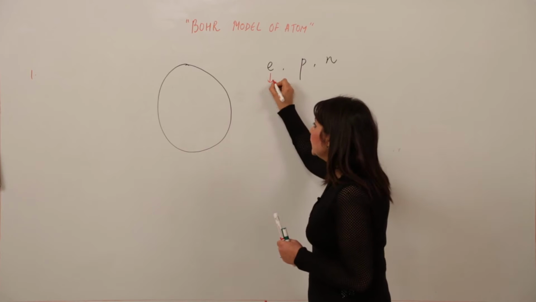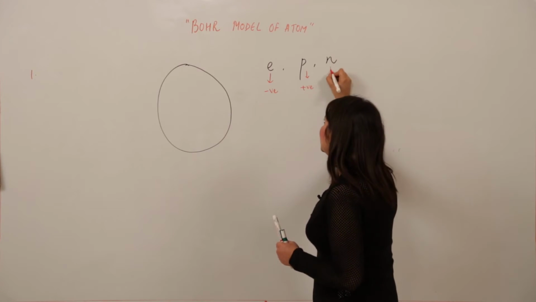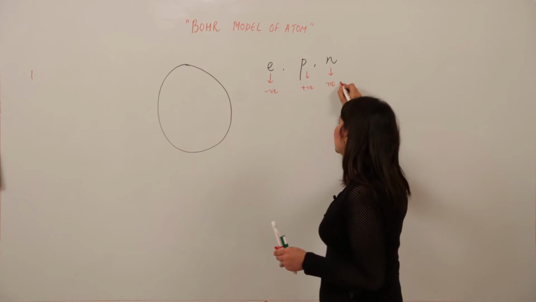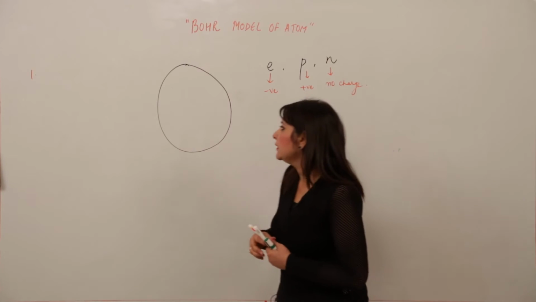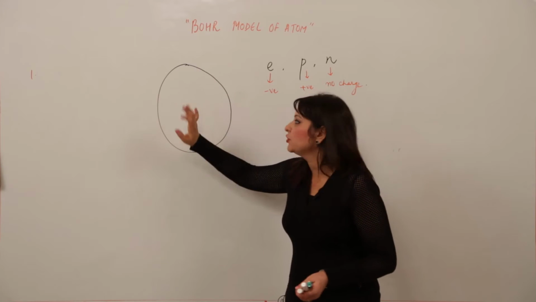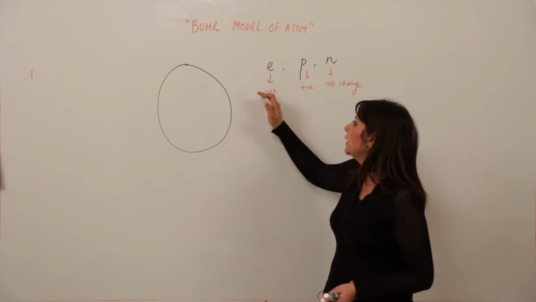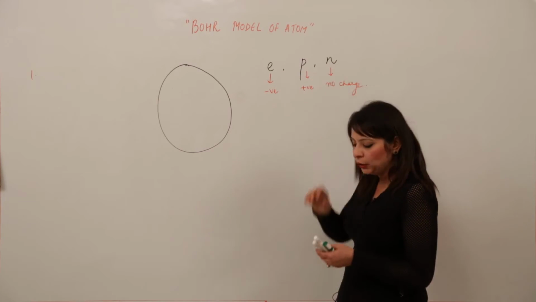Electron is negatively charged, proton is positively charged, neutron contributes to mass, but it is neutral, it has no charge. I'll repeat again: the atom is somewhat spherical in shape, formed of subatomic particles. The three main fundamental particles are electron, proton, neutron: negatively charged, positively charged and no charge.